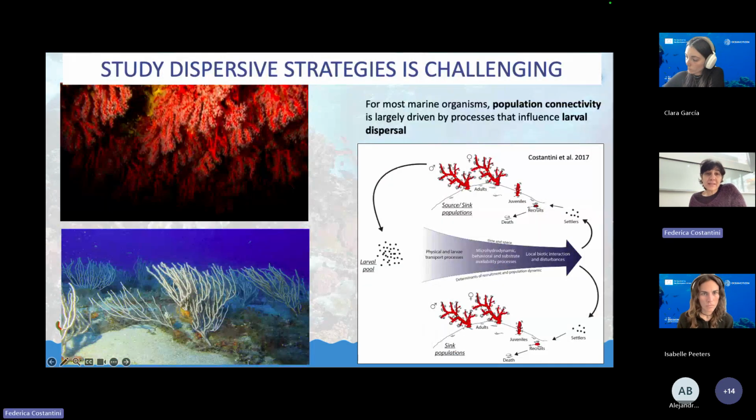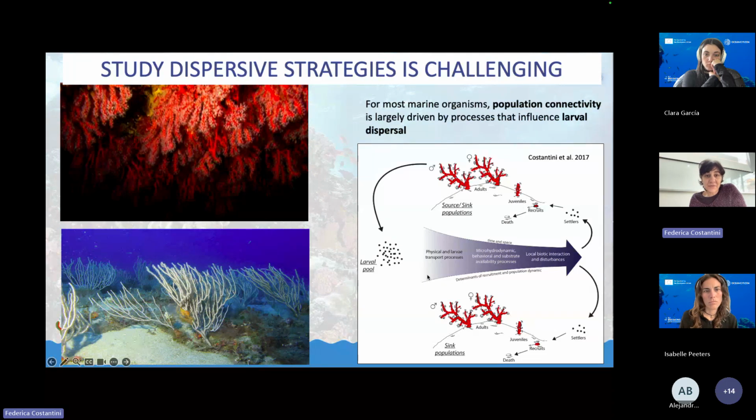If we discuss in general terms these sessile organisms, like I said, corals and sponges, the life cycle of these species starts from a source population where larvae or gametes are released into the water column and then undergo different pre-settlement processes that can be physical, morphodynamic, and behavioral, that can reduce the number of the larval pool, and so only a small quantity of larvae can reach a new substrate and settle.